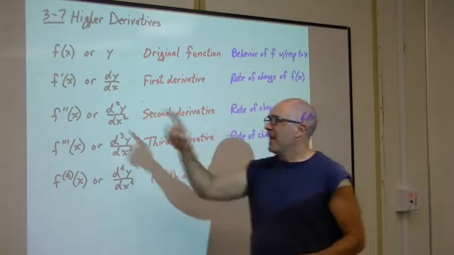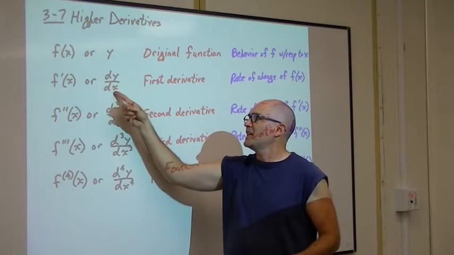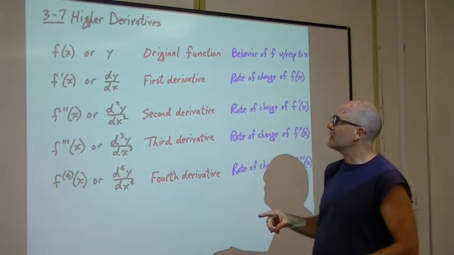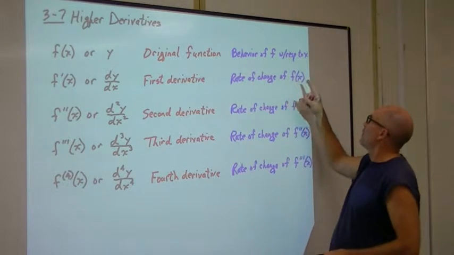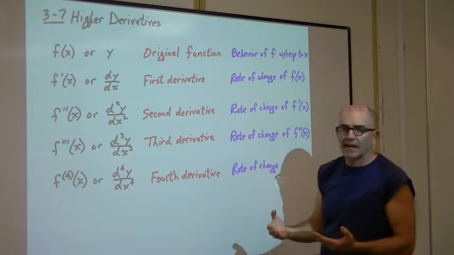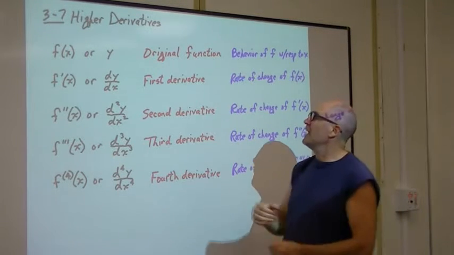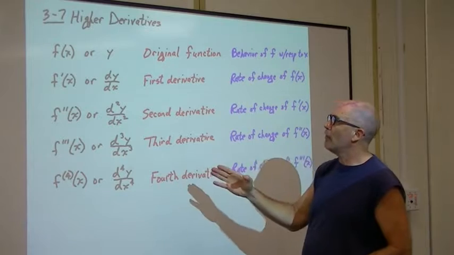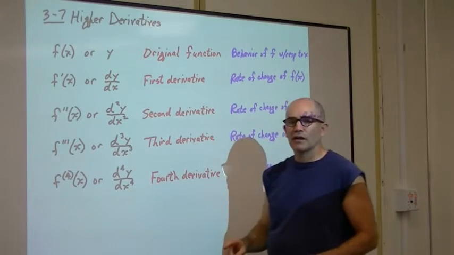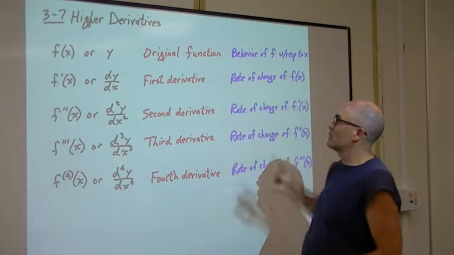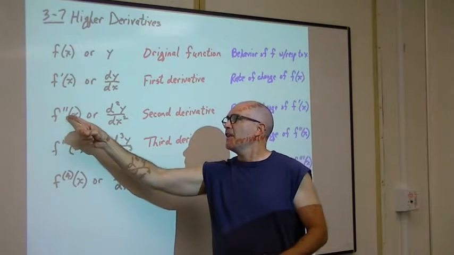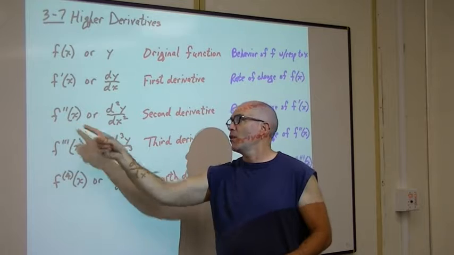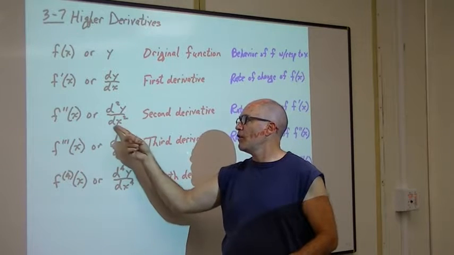Now f prime of x, or dy dx, that's going to be the first derivative, which is the rate of change of f of x with respect to x, which means it's the slope of our original function, the rate of change of our original function. Now, f double prime of x, or d2y over dx2.